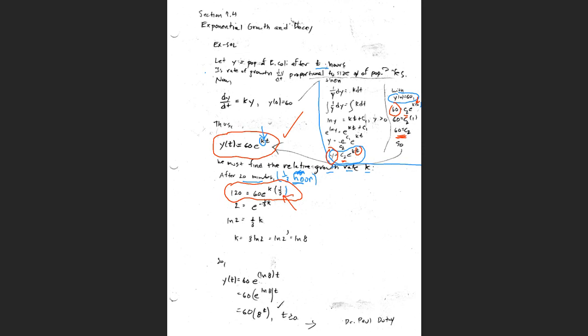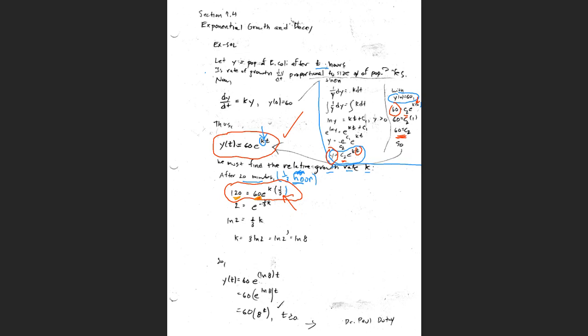Well, the population is going to double then, right? Because the one cell divides into 2 cells every 20 minutes. So that means if we start out with 60 cells initially, then after 1/3 of an hour, that number of cells will double to 120.